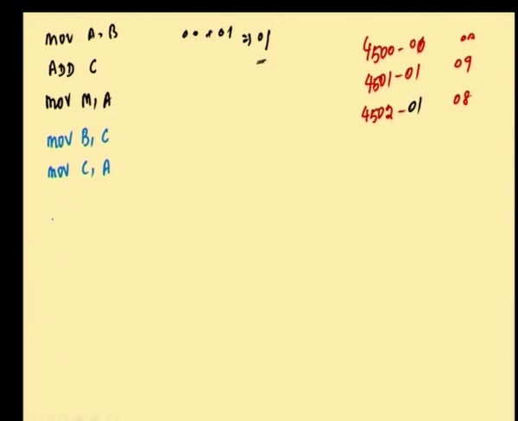Now, I am increasing the location, INX H. So, now it becomes 4503, then decreasing the counter, DCR D. So, it becomes 07. Till it reaches 0, I want to repeat the process with the addition. Okay.